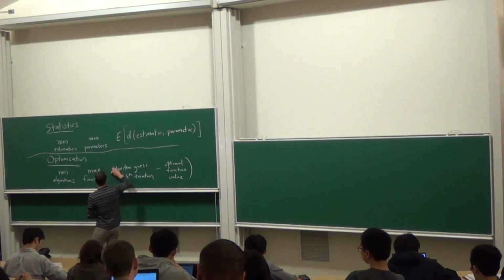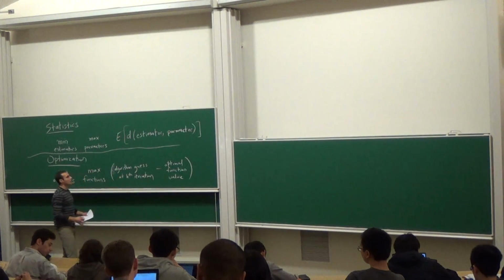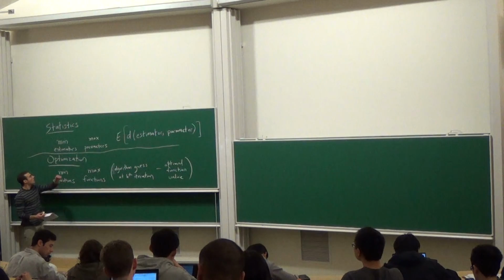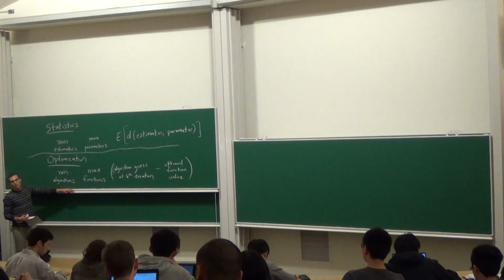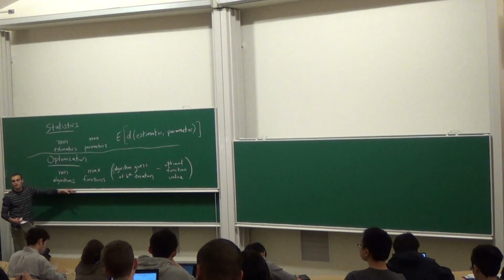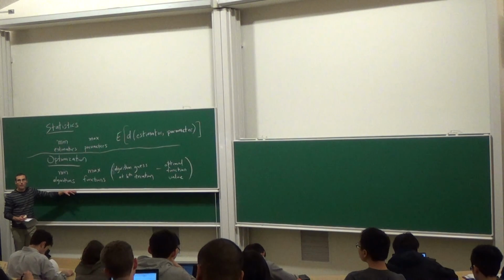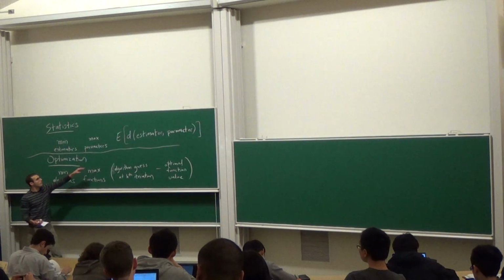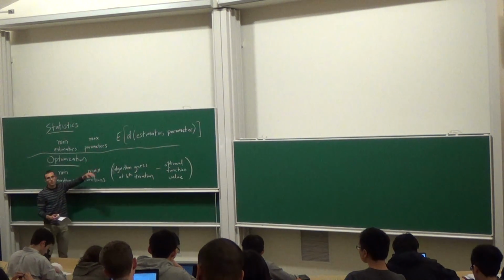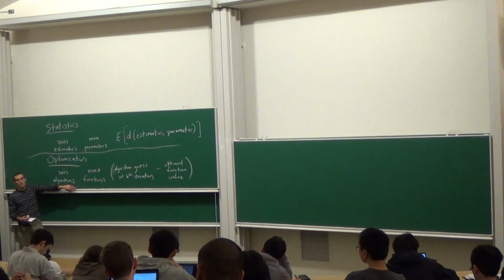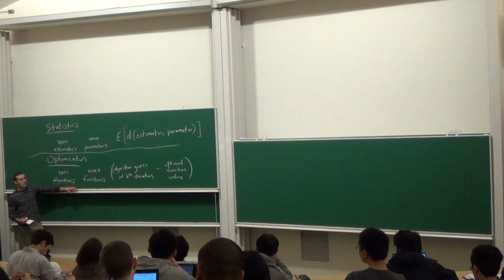Okay, so let me just make a couple really coarse comparisons. The estimator here is like an algorithm, right? That's what's on the outside, the min. So we can choose how to estimate a parameter in statistics. We can also choose how to optimize a function in optimization. This is up to us.